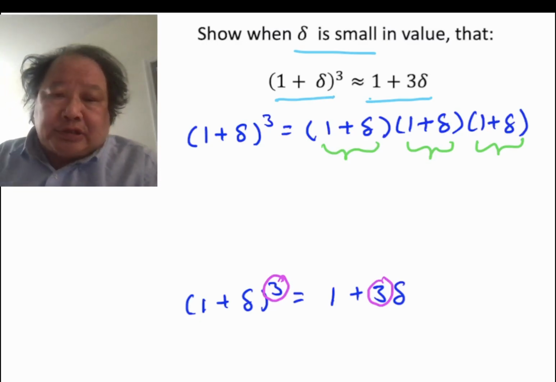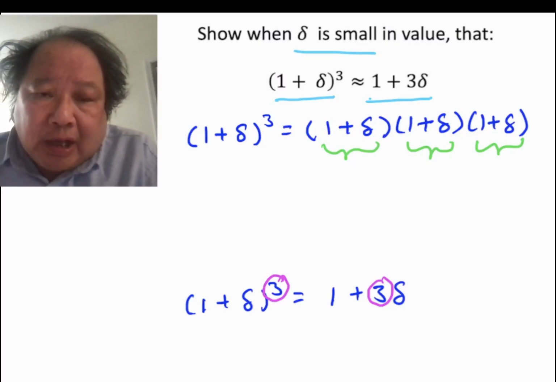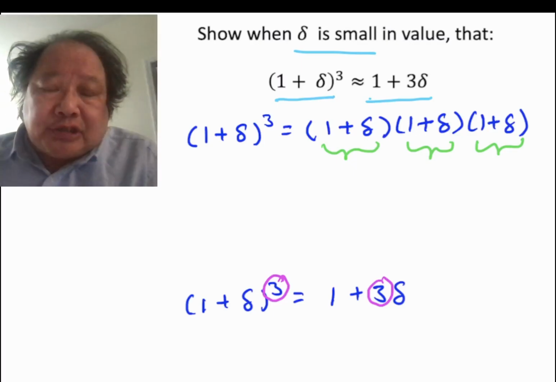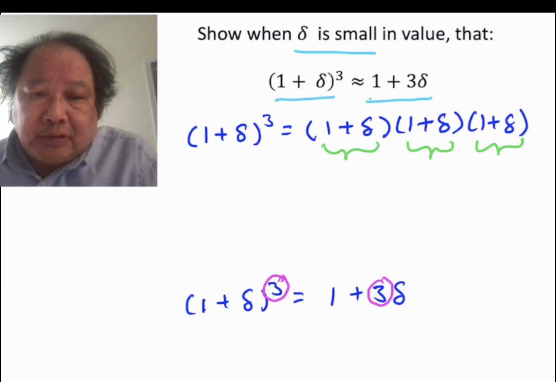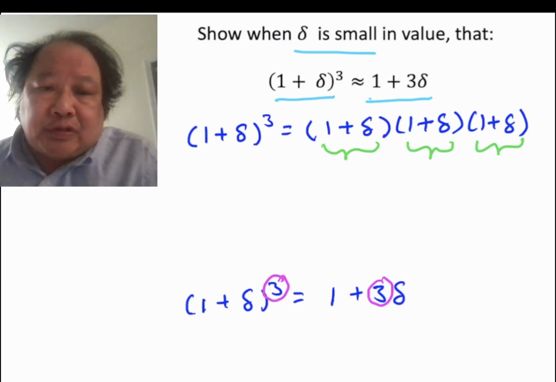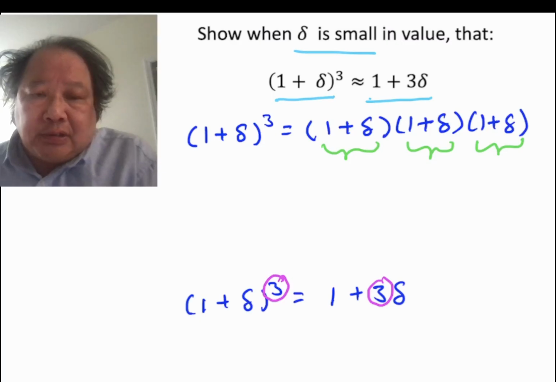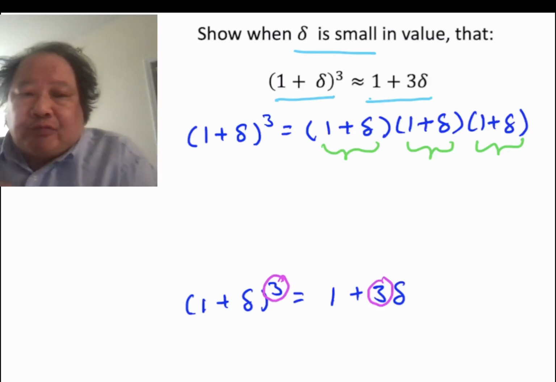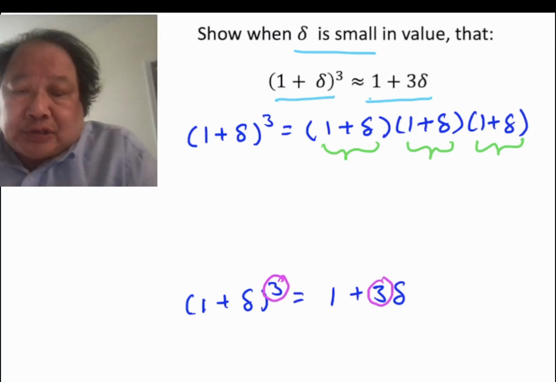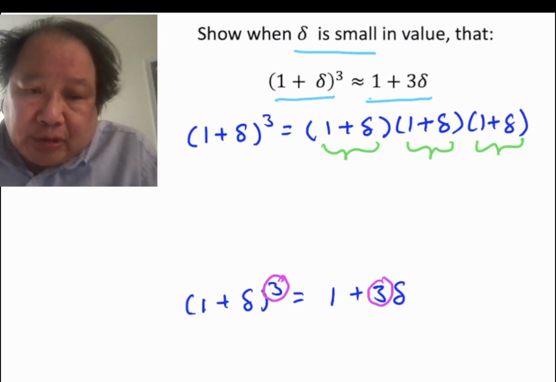And rather than considering all these together, let's consider the individual choice. We'll choose one of the two terms from the first (1 + delta) times one of the two terms from the second (1 + delta) times one of the two terms from the third (1 + delta), and we'll sum up over all the choices, and that will get us the total answer.